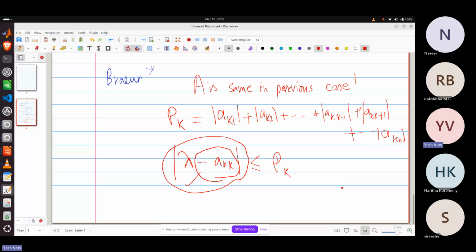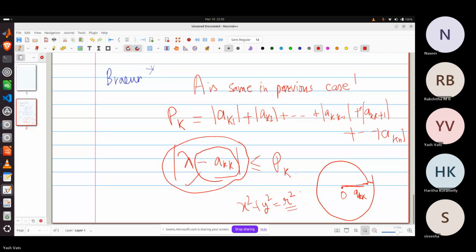It's like a circle. If lambda is at the origin, suppose lambda is 0, then akk is kind of the radius. What is the circle equation you have? How do you define a circle? x square plus y square equals r square.